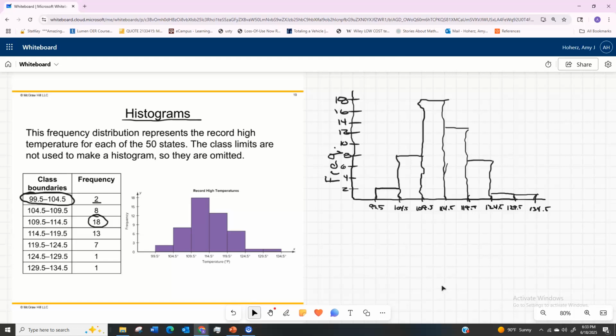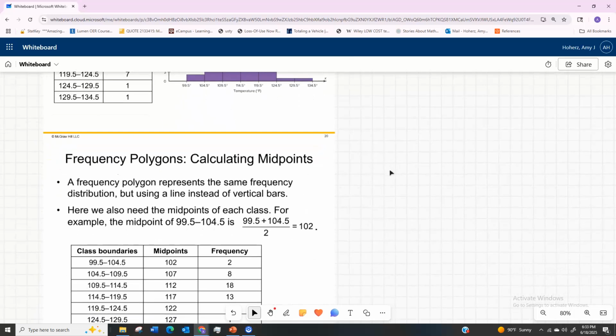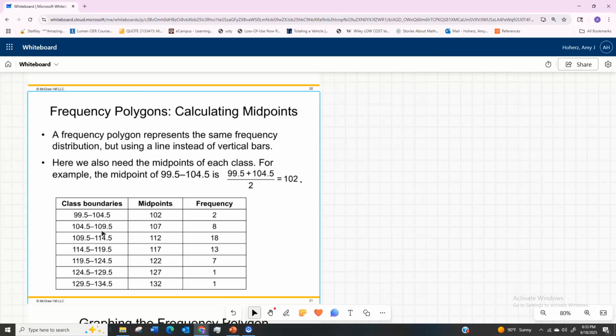Okay, so now what we're going to do is take that same data and represent it with a different type of graph, the frequency polygon. So in order to make the frequency polygon, we have to have the midpoints for these classes.